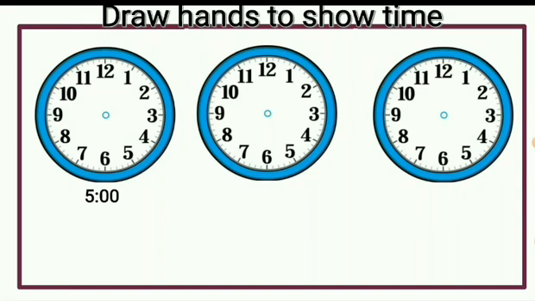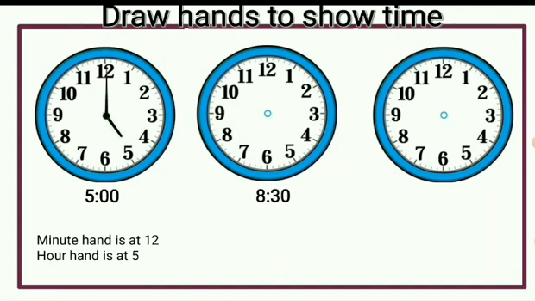Here in the time, how many minutes is it showing? It is showing 00. That means the minute hand is at 12. Okay, and the hour it is showing as 5, so the hour hand will be at 5. So we have here the minute hand at 12 and the hour hand at 5.